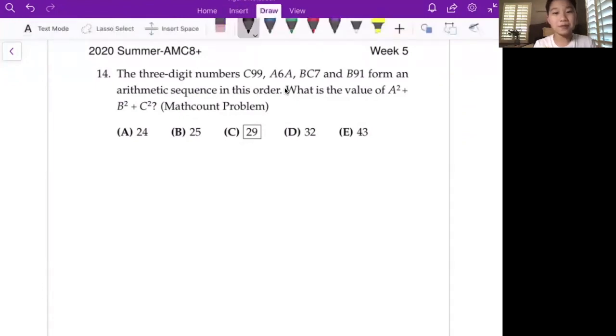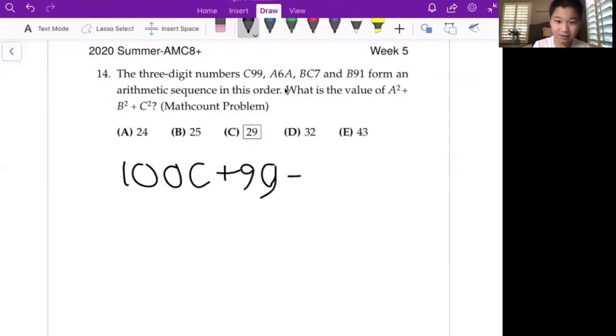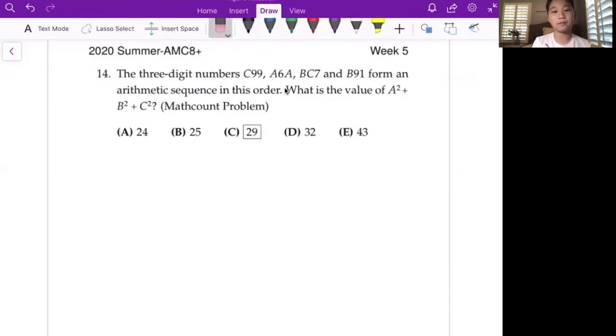So whenever you see a number theory problem where the variables don't seem to be so easy to find, don't try to find them using equations. So don't write stuff like 100C plus 99 and then whatever after that. So let's think about it in a more number theory way.